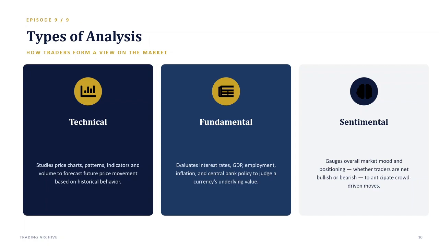How are banks positioning themselves? How are the retail traders positioning themselves? You're trying to understand how many buyers there are and how many sellers. That's what we call sentimental analysis.